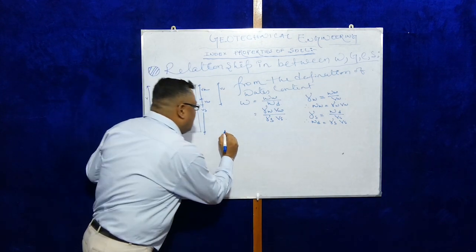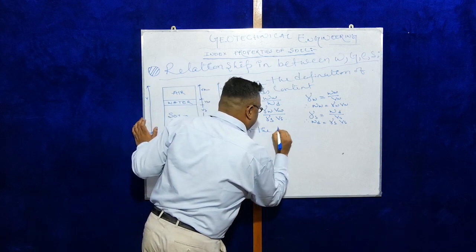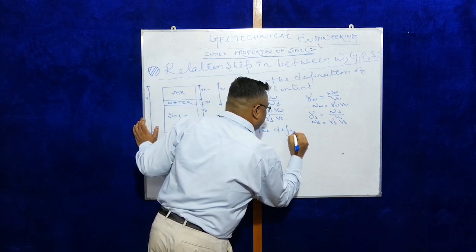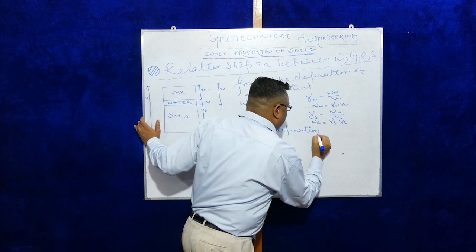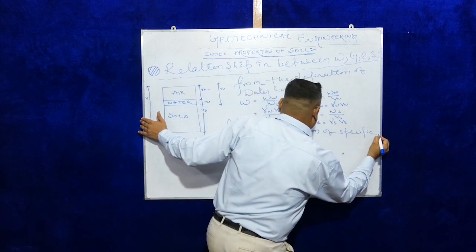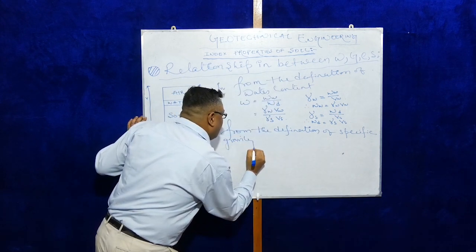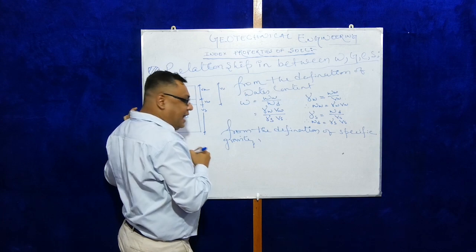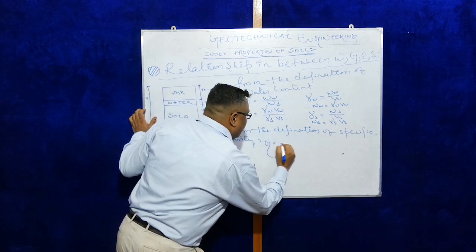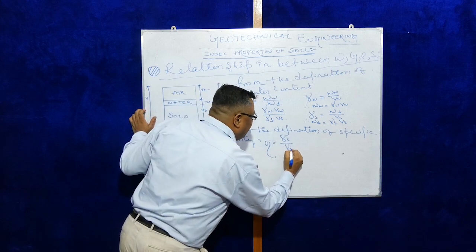Next, from the definition of specific gravity. What is specific gravity of soil? It is the ratio between unit weight of soil solids to the unit weight of water.